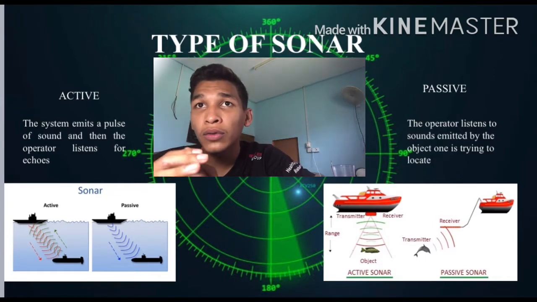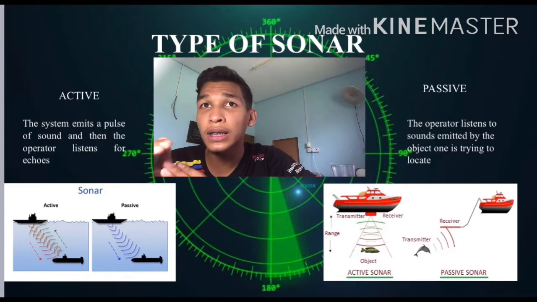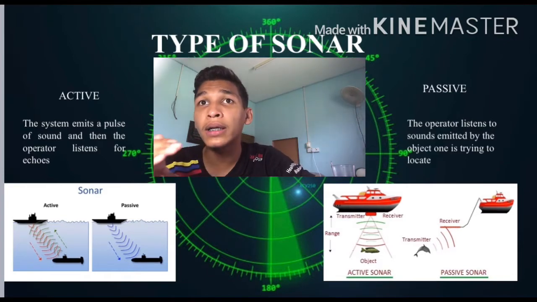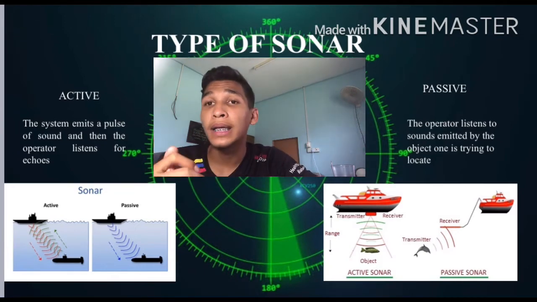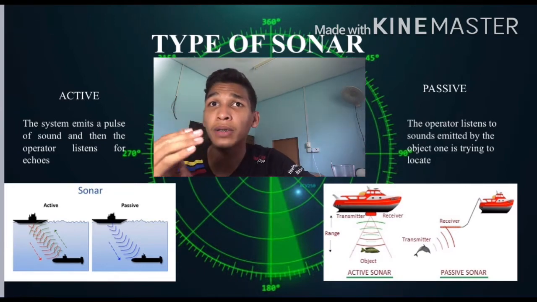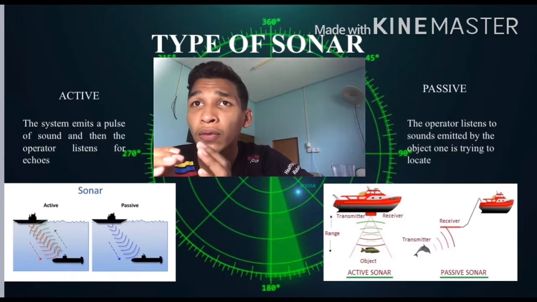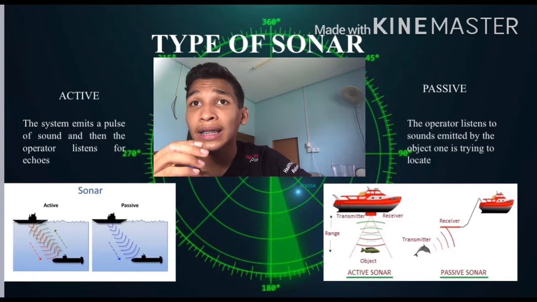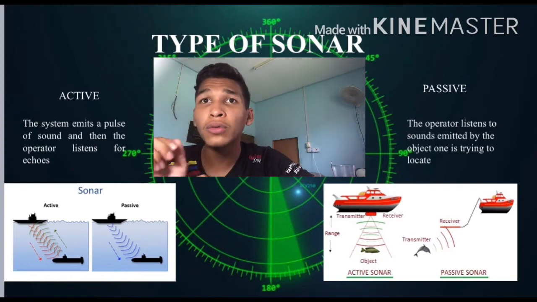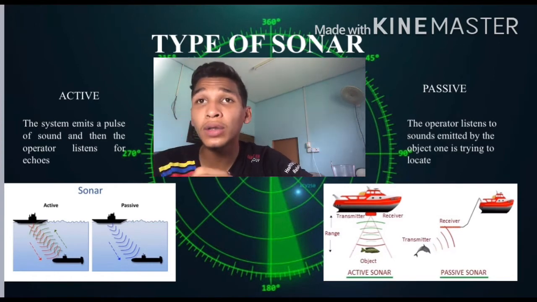The distance to the object can be calculated by measuring the time between when the signal is sent out and when the reflected sound or echo is received. For example, if 4 seconds elapsed between the emission of the outgoing sound and the return of its echo, the sound has taken 2 seconds to travel to the object and 2 seconds to return.